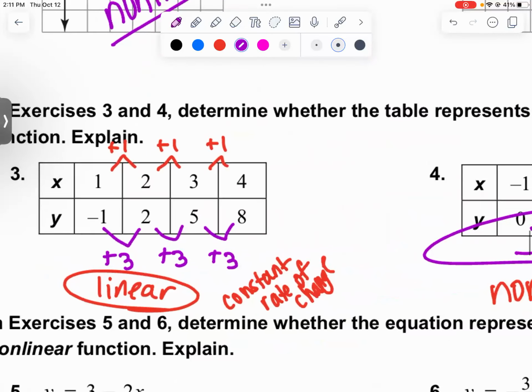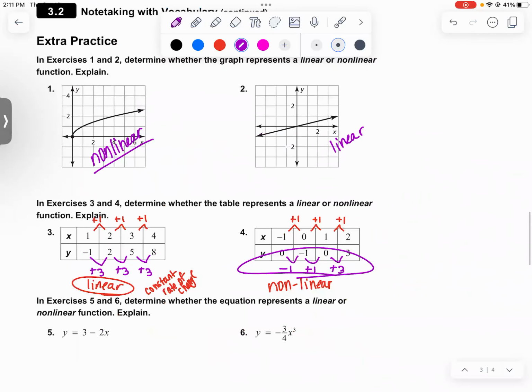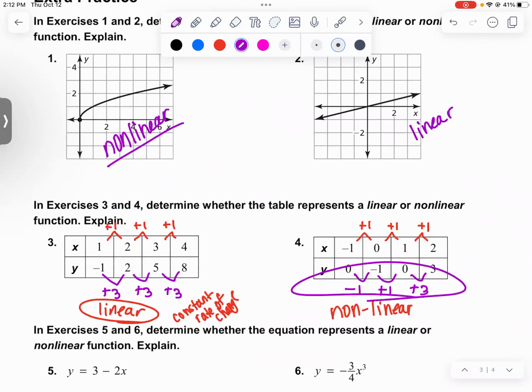So, Ian had a good question about constant rate of change and what it looks like on a graph. So I am going to come up here on this number 2 graph, and I'm going to graph (1, -1), (2, 2), and (3, 5).